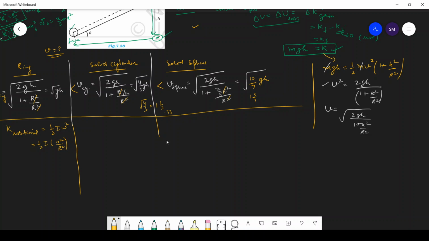Okay, so students, let us find the rotational kinetic energy for ring, solid cylinder and solid sphere. So which body has the greatest rotational kinetic energy?